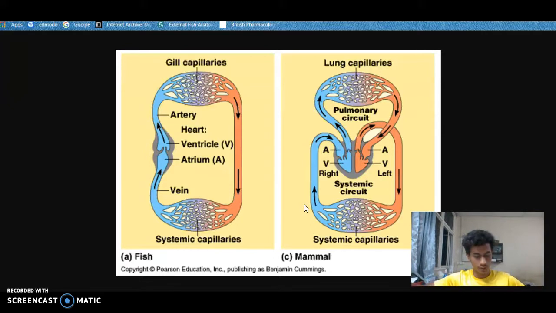The respiratory system of the fish is called the single circulation, but the mammal is called double circulation. So why?